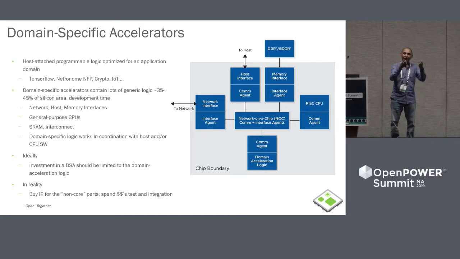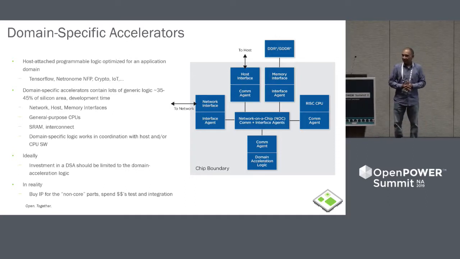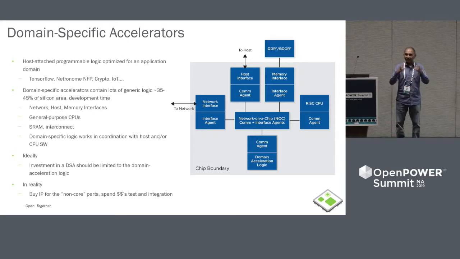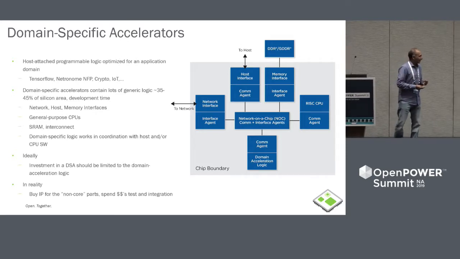But you have to implement all that logic. And typically the way companies try to manage their complexity and expertise is by buying off-the-shelf IP, either in the form of hard IP for analog macros or soft IP for digital components, and putting them into their chip.